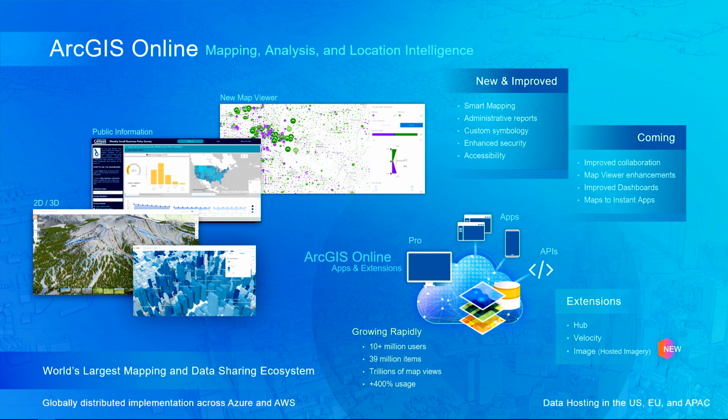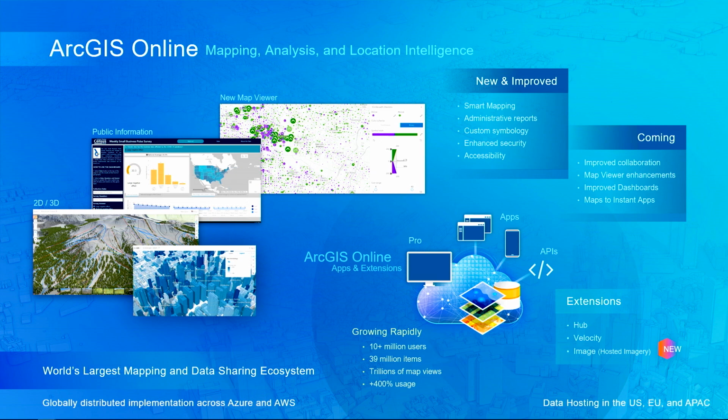ArcGIS Online is the world's largest mapping and spatial data sharing ecosystem. It's growing rapidly, both in terms of the number of users, the number of items, and the audiences it serves. It's based on a globally distributed implementation of geospatial services across Azure and AWS, and it offers data hosting options in 3 global regions: the US, the EU, and Asia Pacific.